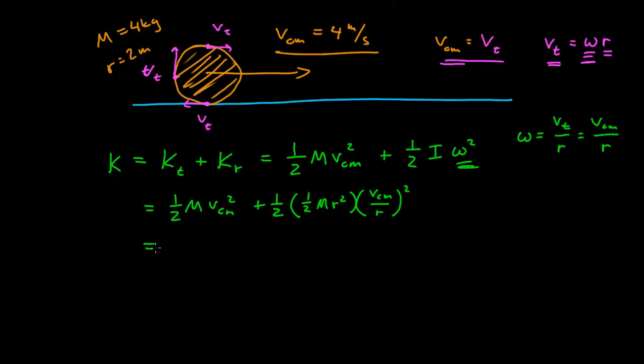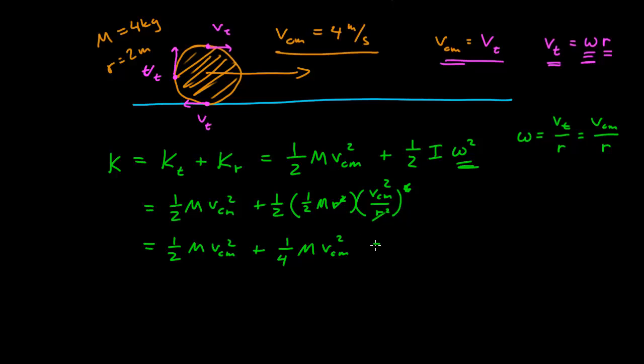So now, let's simplify this a little bit. 1/2 m v center of mass squared plus, and so now I get velocity of the center of mass squared over r squared, the r's cancel, I get 1/2 times 1/2, 1/4 times the mass times the velocity of the center of mass squared.